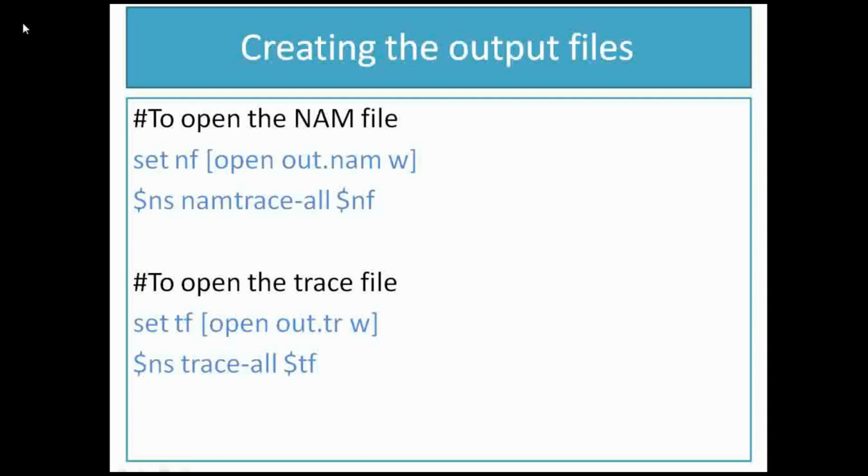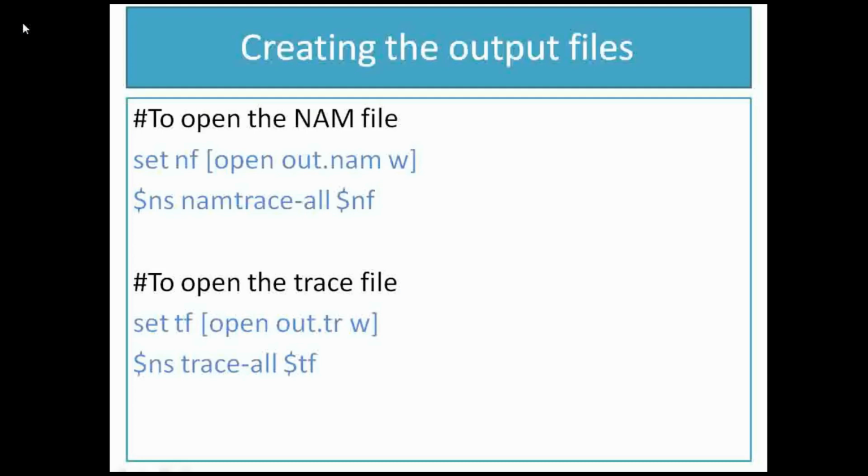Now, creating the output files. Here two types of files will be required. One is the NAM file for visualization. Here we have taken the variable nf and the name of the file where it will be saved is out.nam, and we are connecting this with the member function namtrace-all.